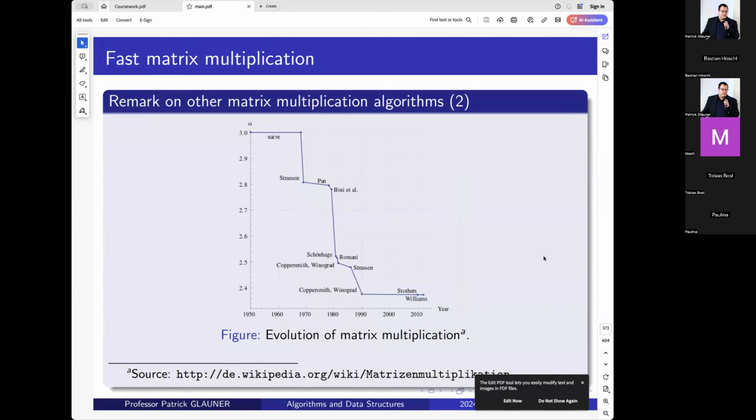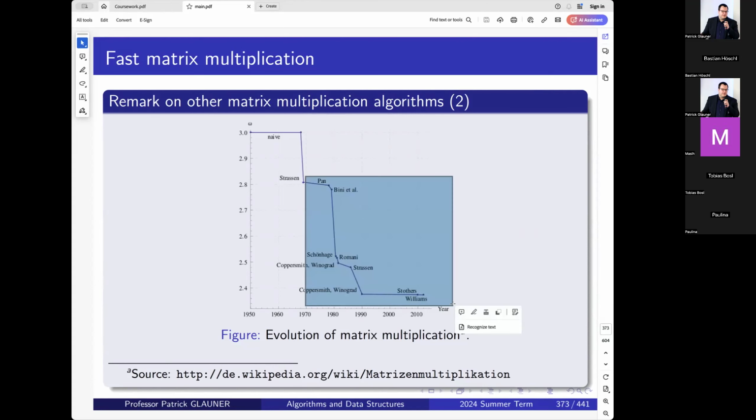These improvements do lead to a better complexity, but only for super huge matrices that are too big to fit in nowadays computers. So something like this stuff down here, yes, it's better than Strassen, but we just don't have such large matrices that fit in our computer that this would actually lead to an improved running time. So for everything practical, the Strassen algorithm is quasi the best we can use.